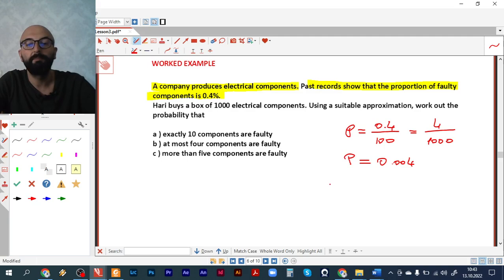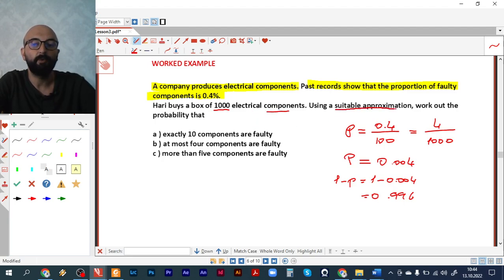You want to compute the probability of failure, it should be 1 minus pi, 1 minus 0.004, so 0.996. And Harry buys a box of 1,000 electrical components.